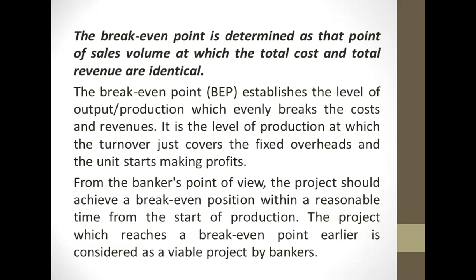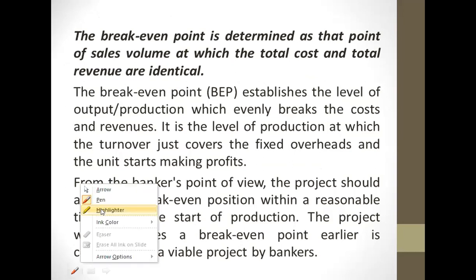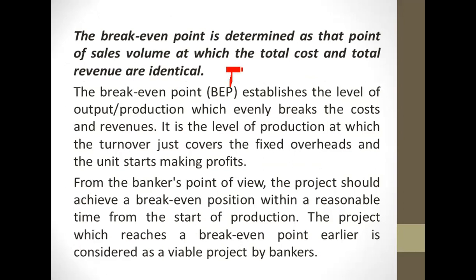Break-even point is determined as that point of sales volume at which total cost and revenue are identical. You know this in economics, when the total revenue is equal to total cost, we have the break-even point.